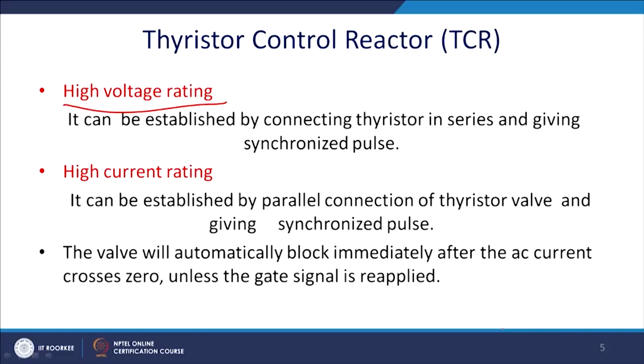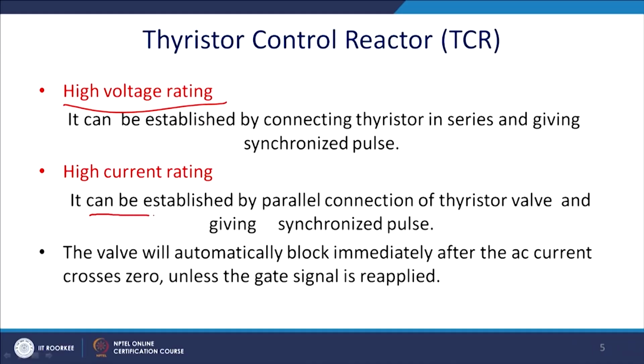In the same way thyristors can be put in parallel, which increases the current handling capability, by parallel connection of thyristor valves with synchronous pulses so that they turn on simultaneously.